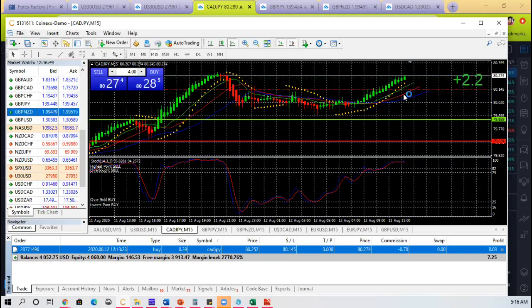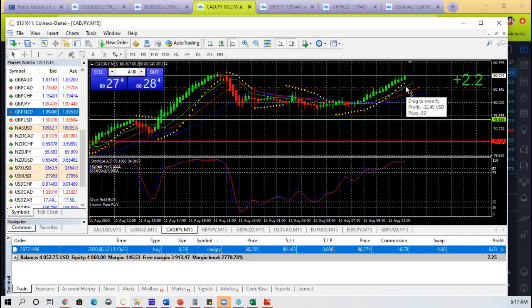Now, as you can see, it was up under that second PSAR. There's another PSAR now. So what I can do is I can come to my stop loss, left click, move it up. So now it's once again under that second PSAR. Now we are in profit.